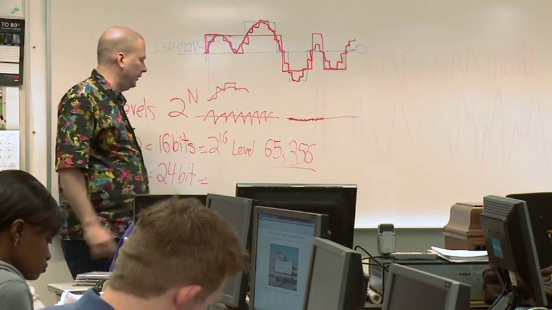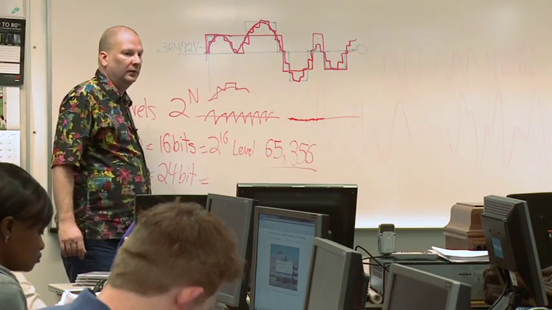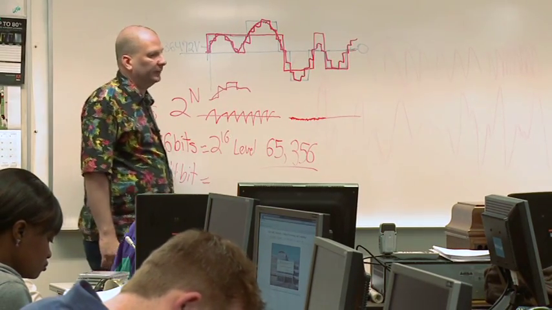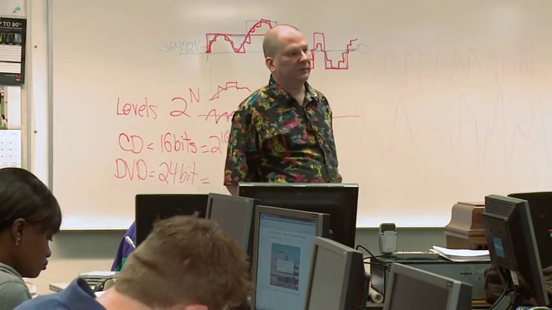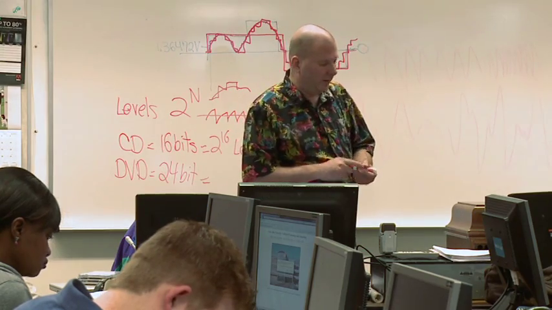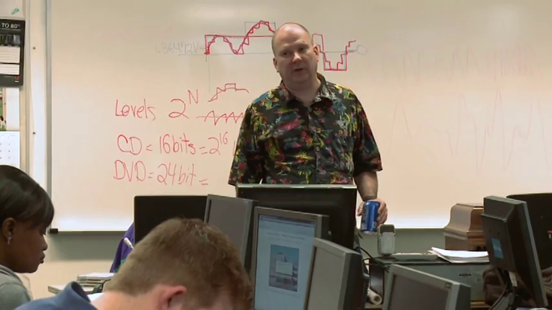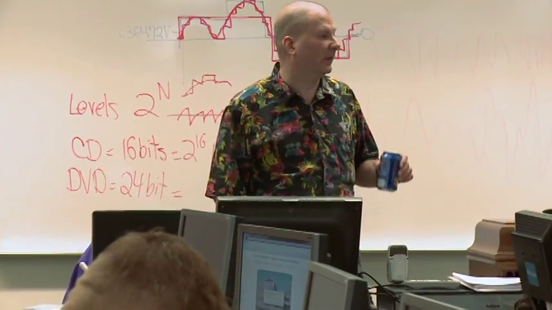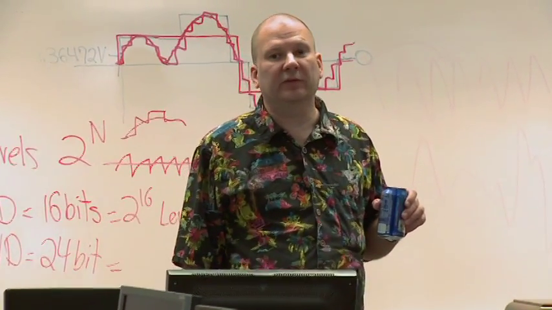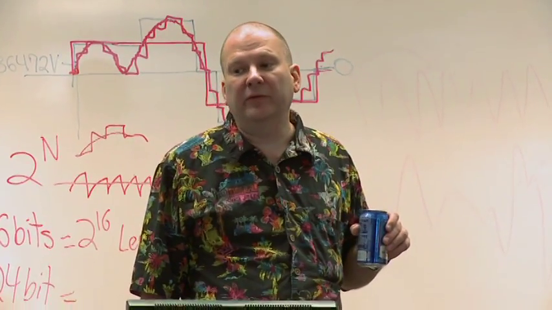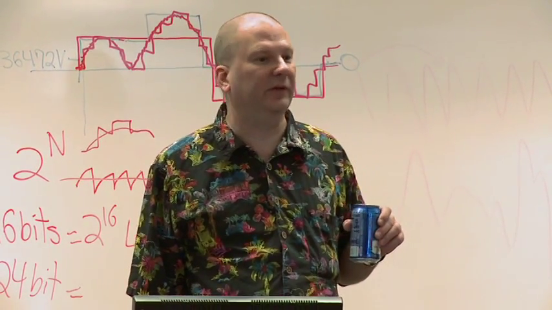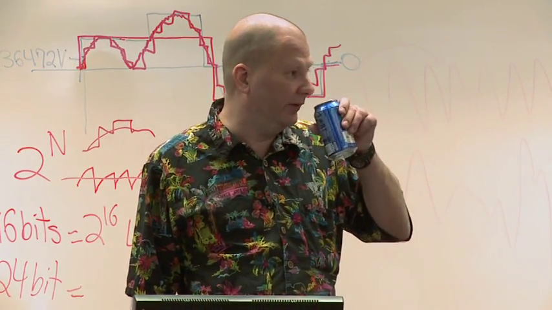I don't even know how many millions. 16 million and some odd, that I don't really care about, but that's a lot. That is so much better. It's 256 times better than a CD player, the noise floor, in theory.